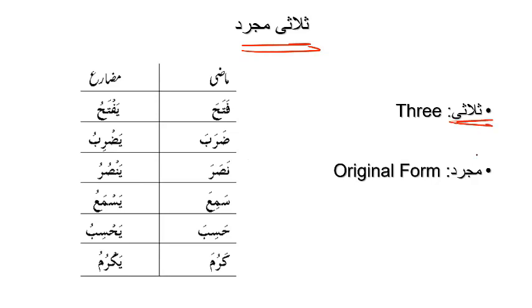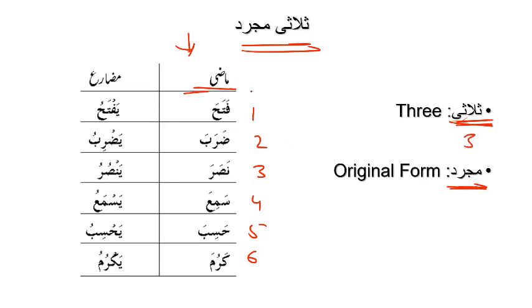Salasi means three, Mujarrad means the original form, and this table over here highlights the 6 babs that we have that are Salasi Mujarrad. And hopefully you can see why these are called Salasi or 3 Mujarrad original form.